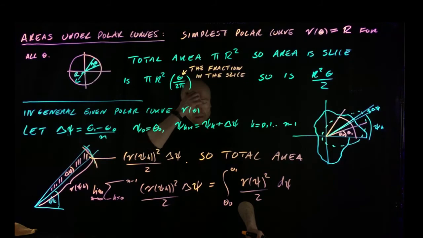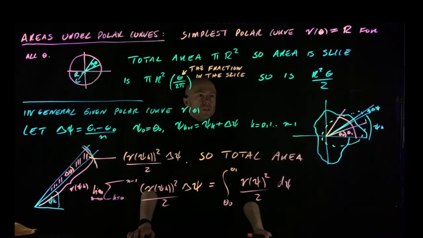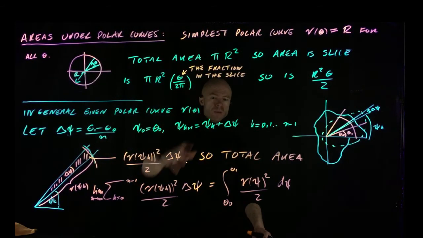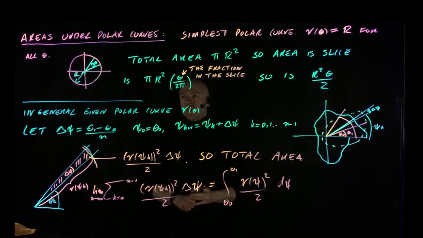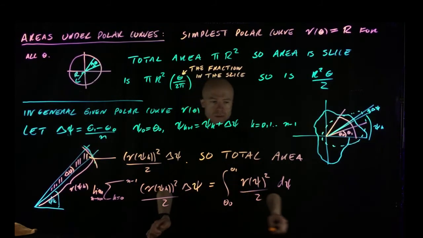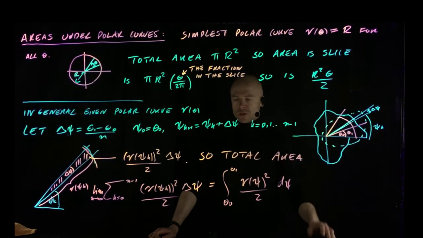And notice in particular, if we just have r as constant, we recover this formula straight away, which is what we'd expect, right? This more general formula should recover the special case.